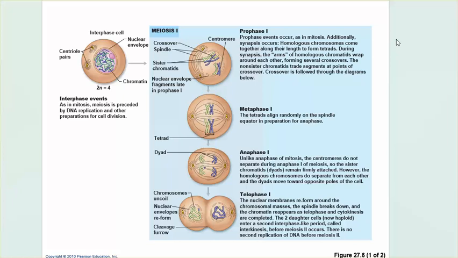In mitosis anaphase, each chromosome is pulled apart, so the two halves of each chromosome end up on either side, and then they form new nuclei in telophase. So we're following the same thing. The only difference is that in metaphase 1, it's the pairs that have lined up instead of the individual chromosomes. At anaphase 1, the pairs get separated. At telophase 1, we have now created two nuclei, each with one half of the pairs.